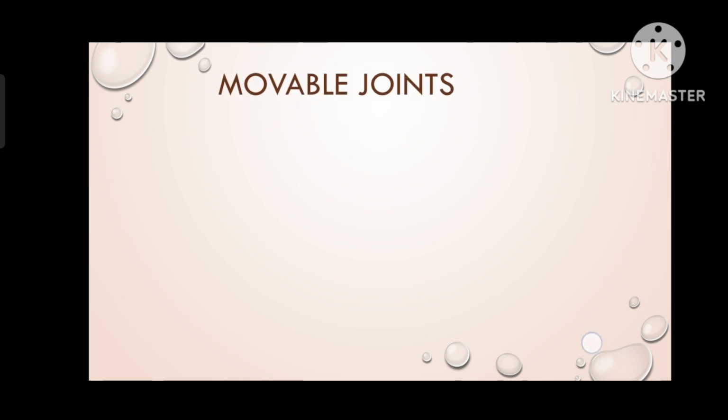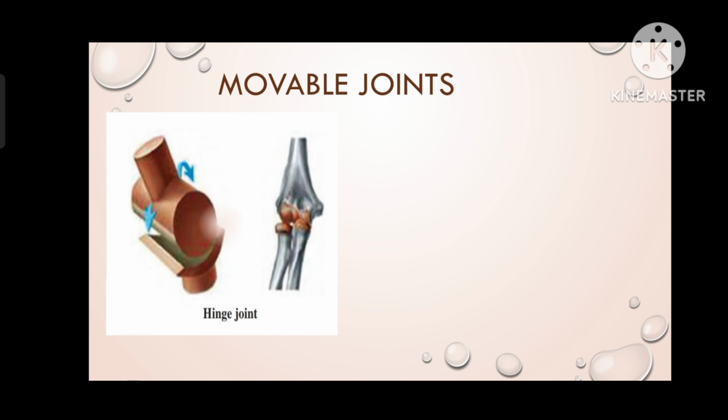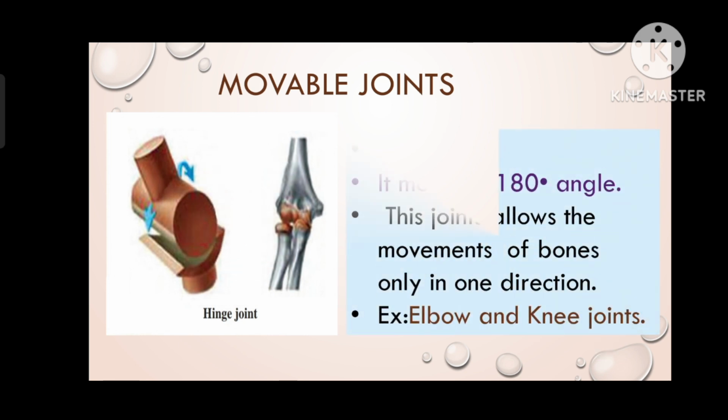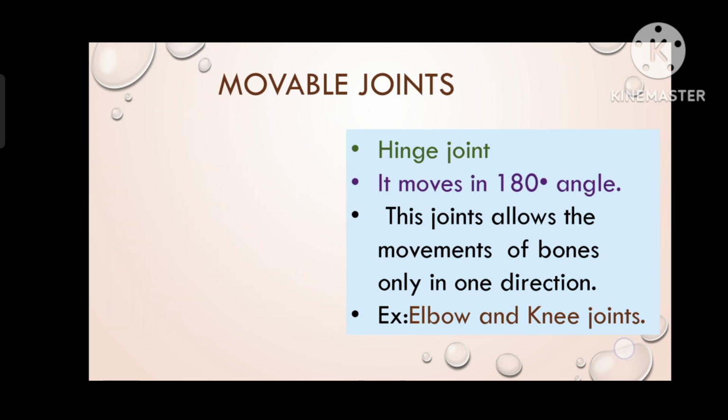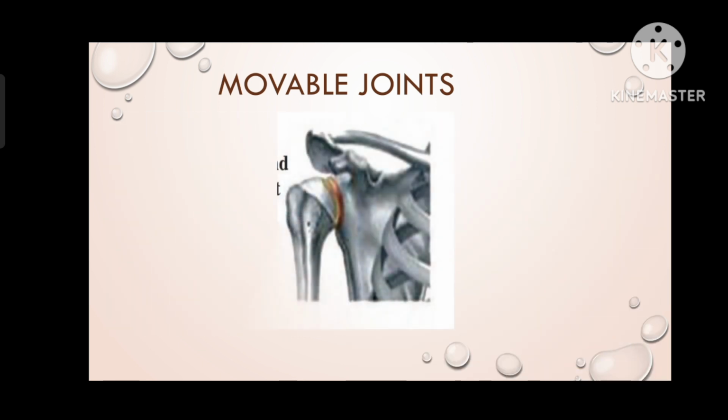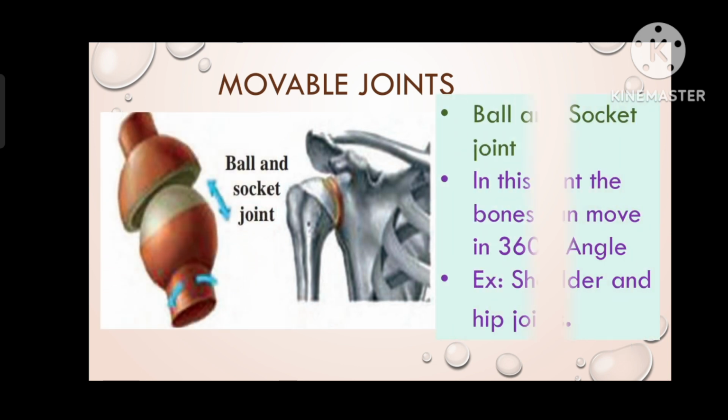Movable joints. Hinge joint. A hinge joint moves at a 180-degree angle. These joints allow the movement of bones in only one direction. For example, elbow and knee joints are hinge joints. Ball and socket joint.